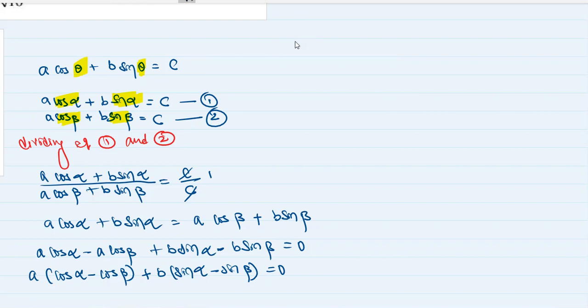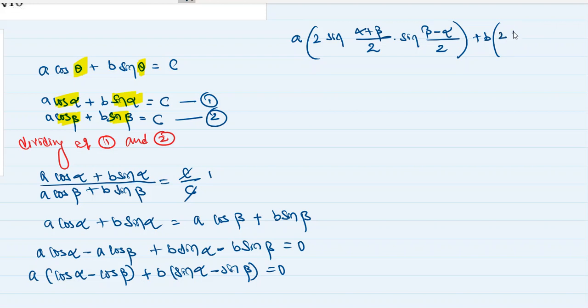So we get A times (cos C minus cos D), where cos C minus cos D is 2 sin((C plus D) by 2) times sin((D minus C) by 2), plus B bracket, sin alpha minus sin beta.